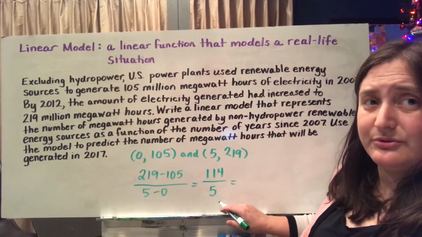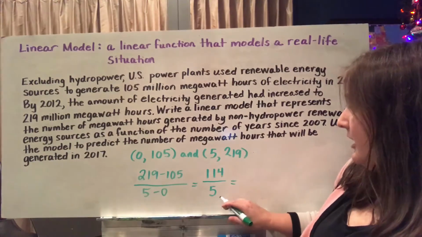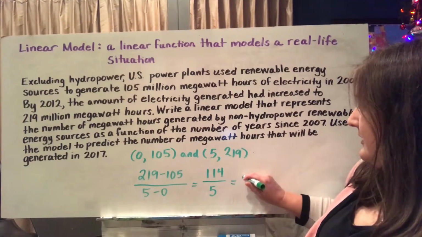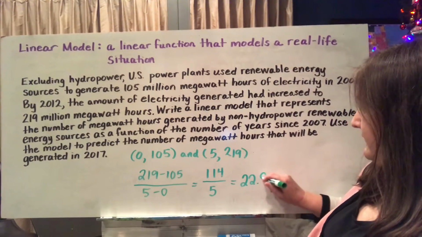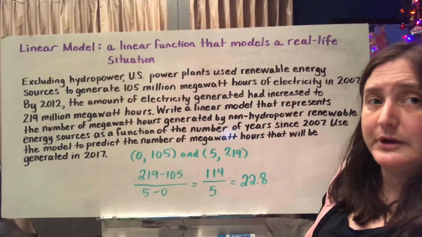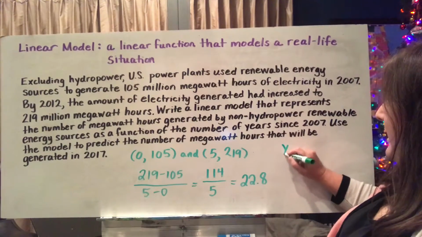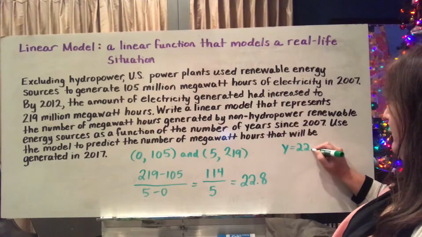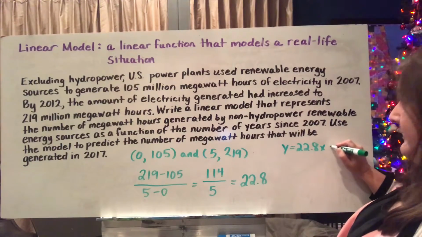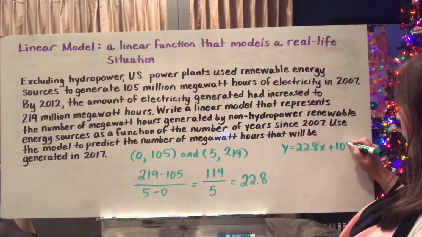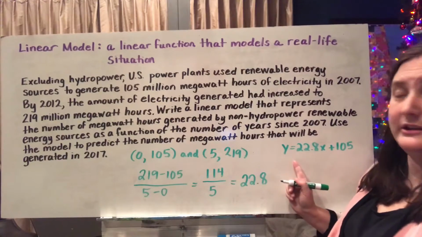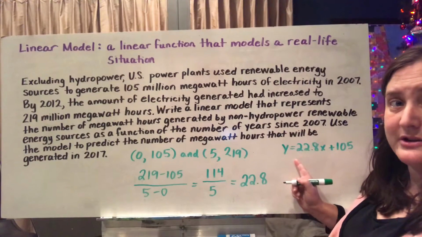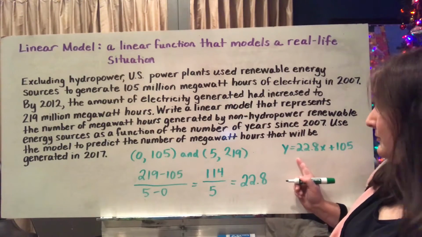And I'm actually going to reduce this one to a decimal here. 114 divided by 5 is going to give me 22.8. So my slope is going to be 22.8. So I have y equals 22.8x plus 105. So here is my linear model because this equation represents a real life situation.